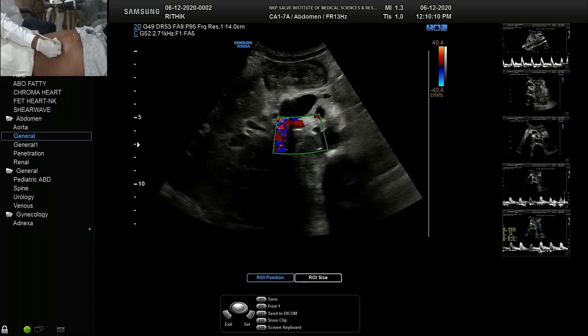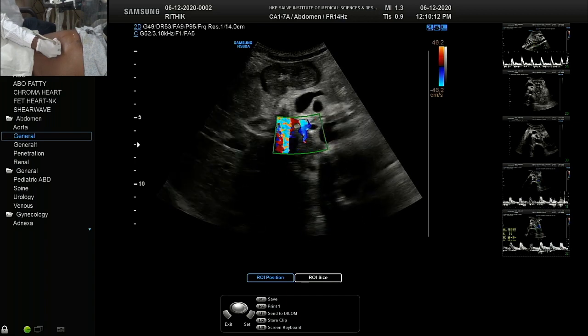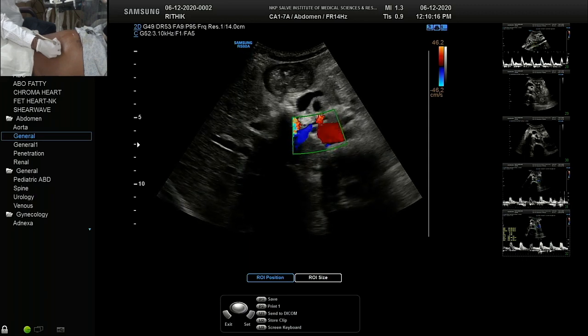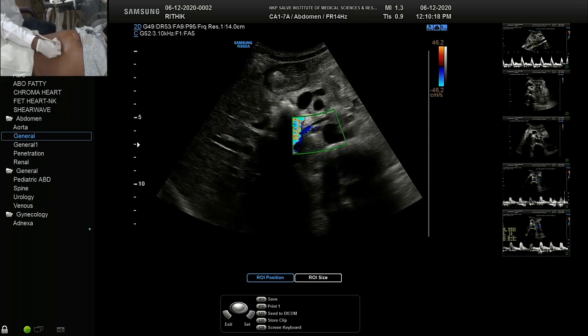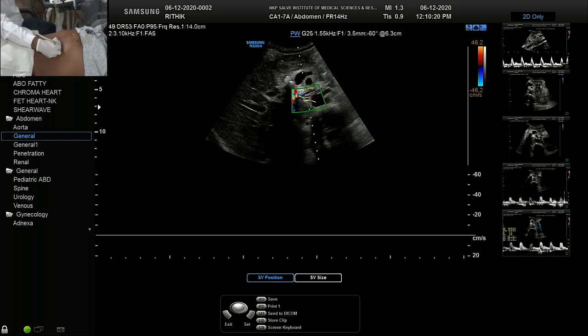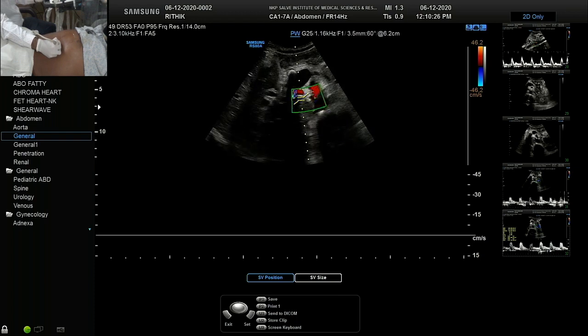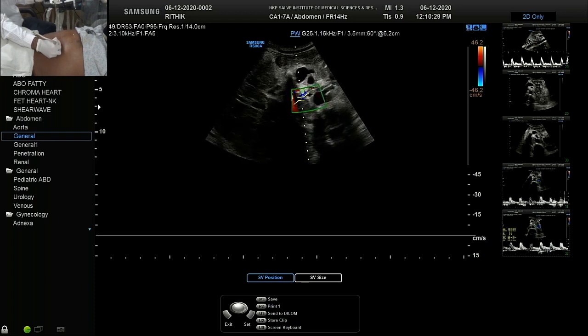We'll try to increase the PRF, to see whether we can obliterate the signals from other vessels. So the blue one should be the renal artery. We'll try to sample it, make angle correction beforehand. The correction is okay. Now we'll ask him to hold breath. Hold your breath a little.